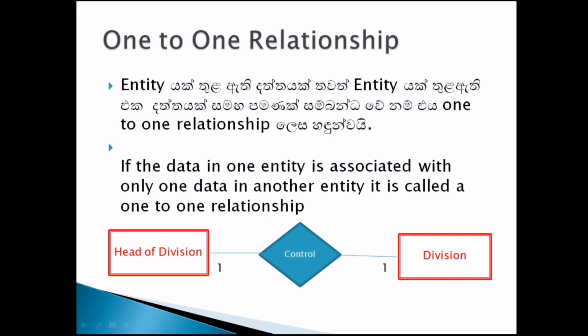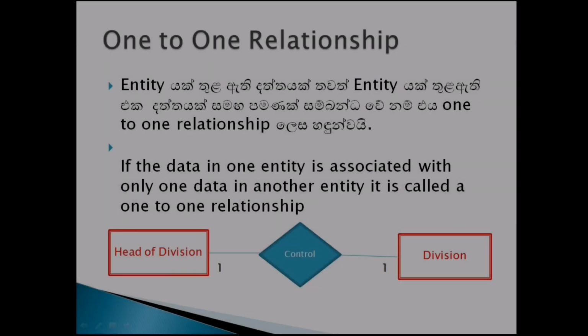In this slide, I have explained one-to-one relationship. If the data in one entity is associated with only one data in another entity, it is called a one-to-one relationship.